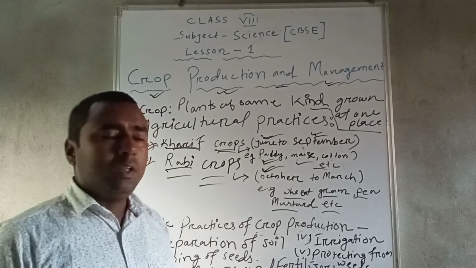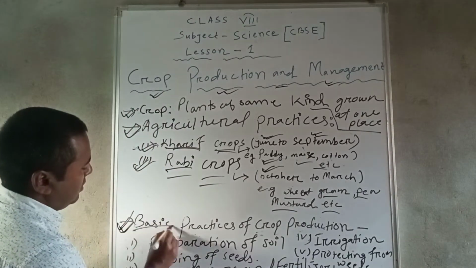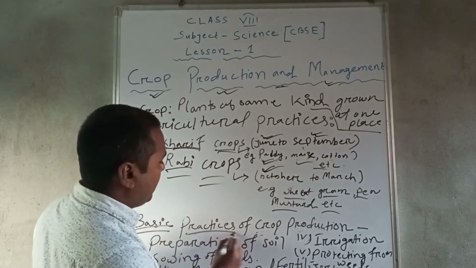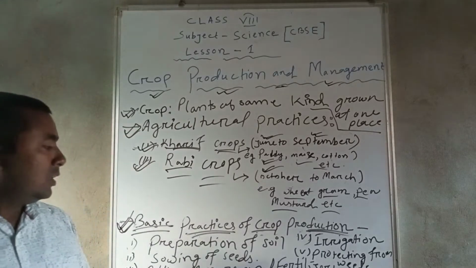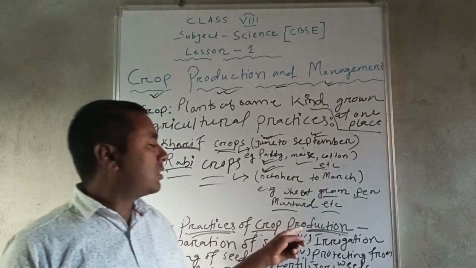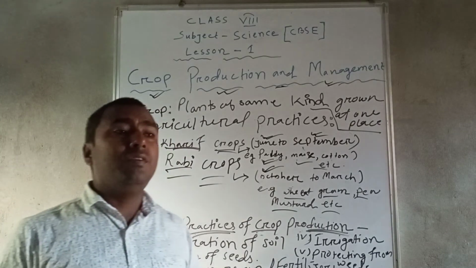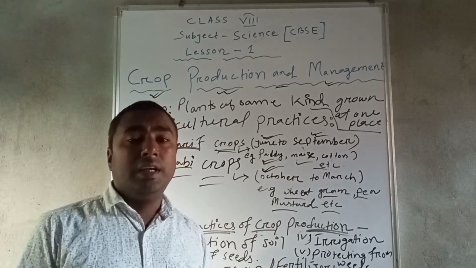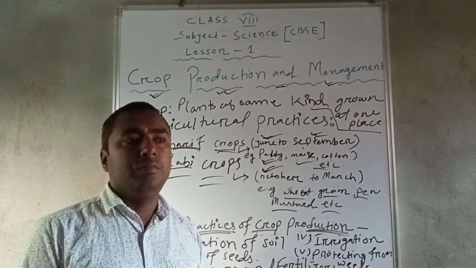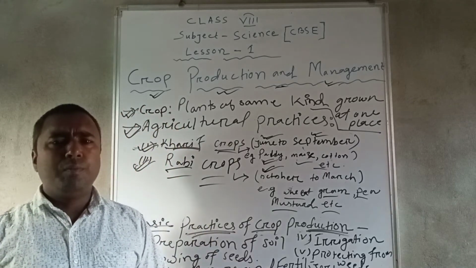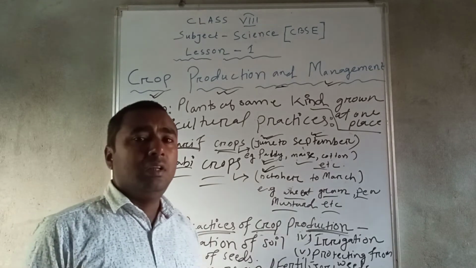Let us proceed to the next topic, that is, basic practices of crop production. Basic practices of crop production means the different activities or steps involved in the production of a crop. You might be thinking that crop production is very difficult.